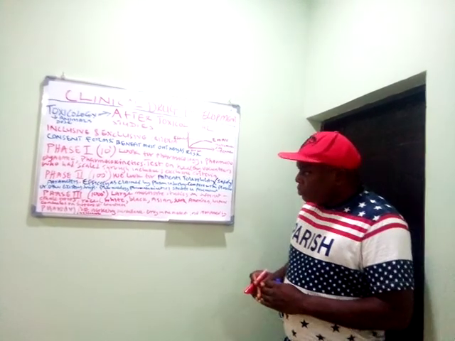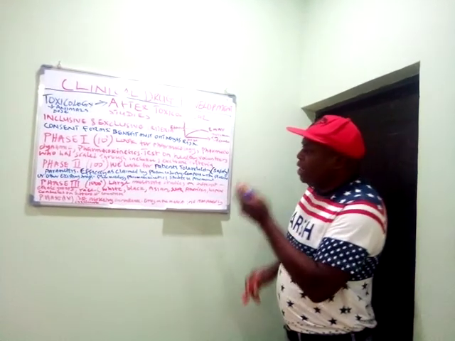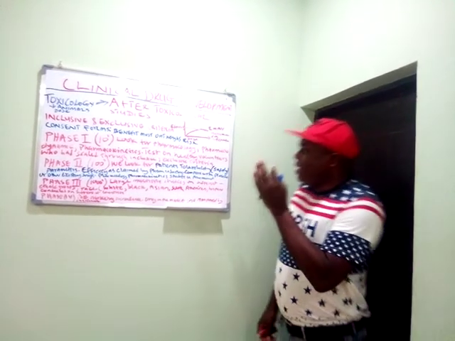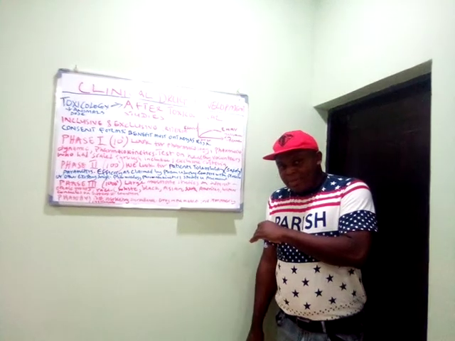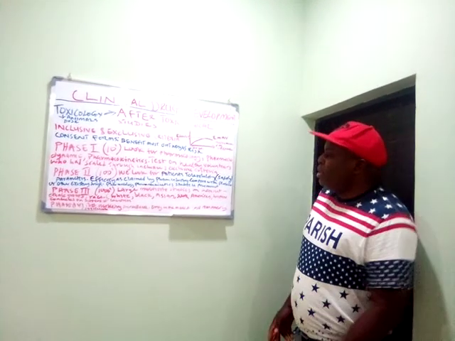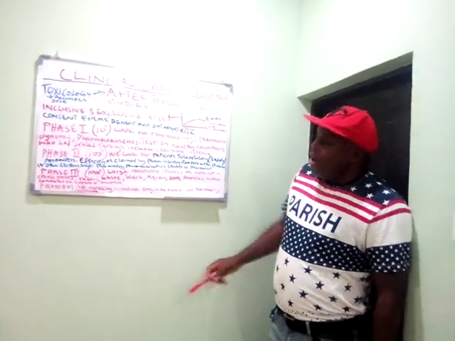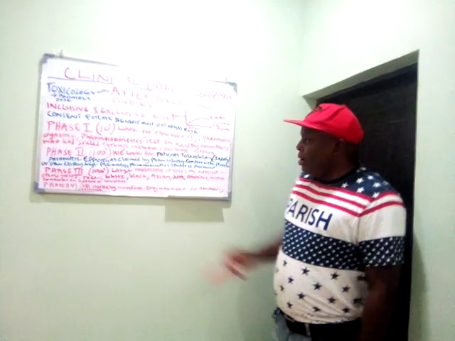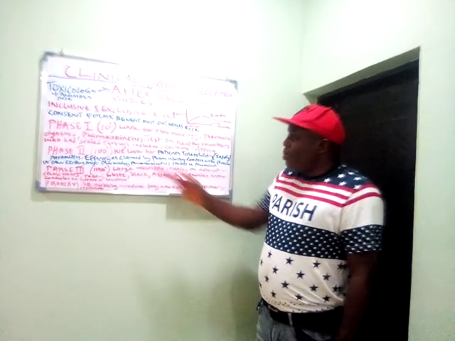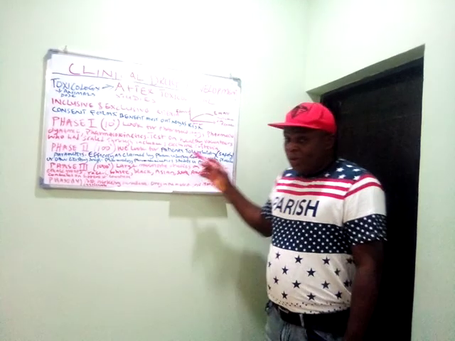And there are in the protocols inclusive and exclusive criteria. The inclusive and exclusive criteria will tell us the people who are allowed to participate in the clinical trial, and the exclusive criteria also shows us the people who are not allowed to participate in the phase 1 clinical trial.